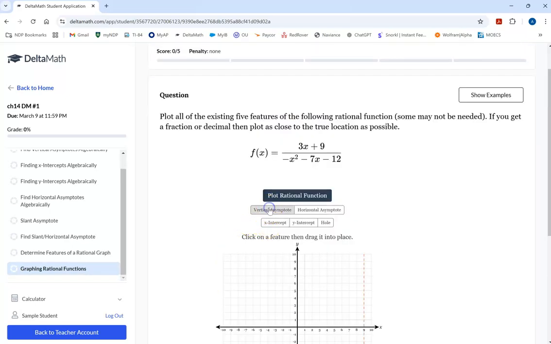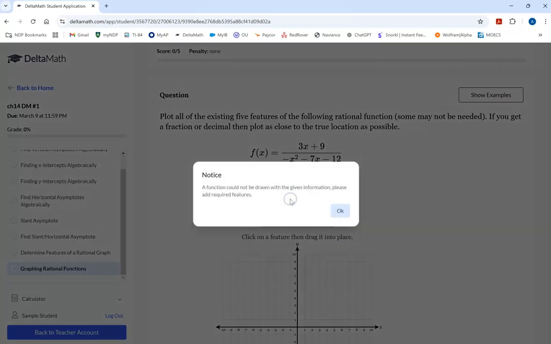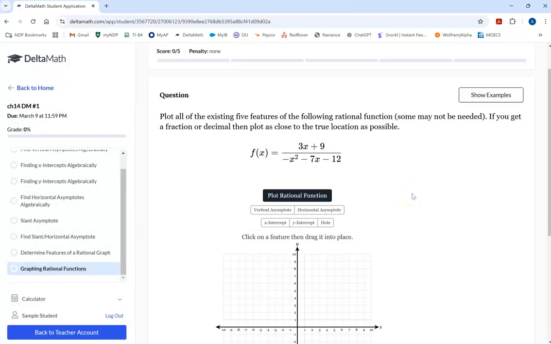But if you look at it, you're basically putting these things in, one at a time, and building the graph that way. You know what I'm saying, guys? So you'd be like, I'll put a vertical asymptote here, and then maybe I have a horizontal asymptote there, and an x-intercept there, and maybe a y-intercept there.